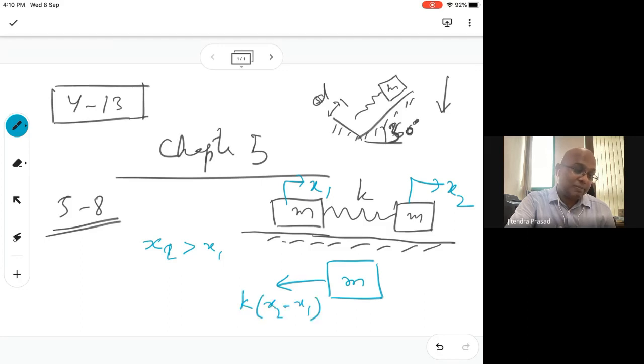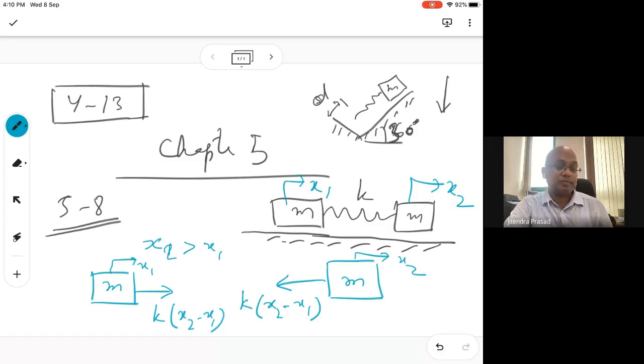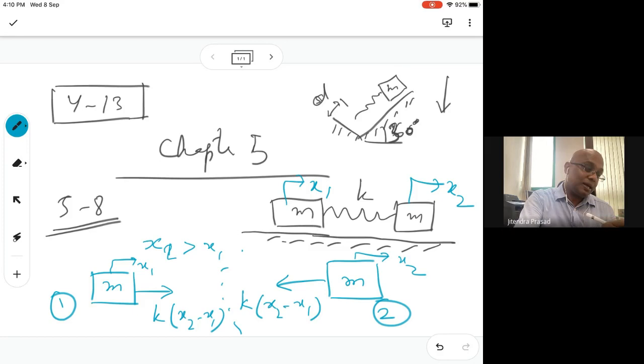And this is at x2. Then for this one, this has M, same value, you have x1, and the force here will be the same force but in the opposite direction, k(x2 minus x1). So this is 1, this is 2, and then we can write the equation.